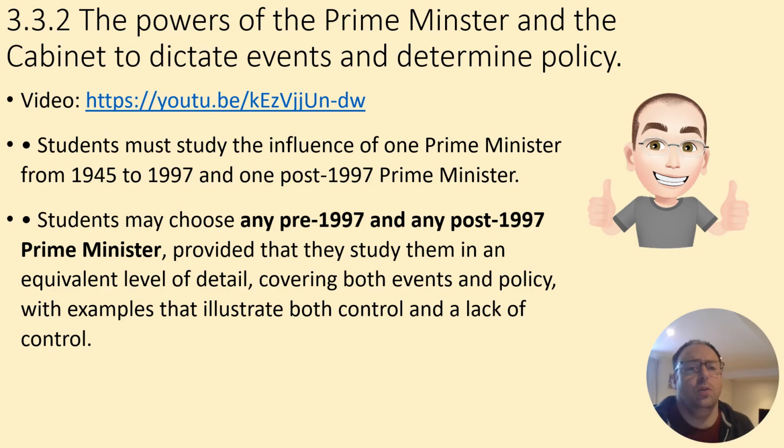In 3.3.2, this is the one which is the case studies. You guys might be able to address this in 20, 30 years' time and decide another election is the centre of the universe. But I'm guessing whoever wrote the spec is someone roughly my age who goes, right, well, I can divide the world into before 1997 and after 1997, because 1997 was the year that all politics went bonkers.